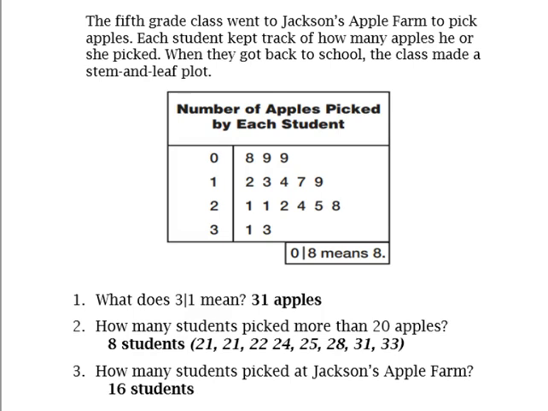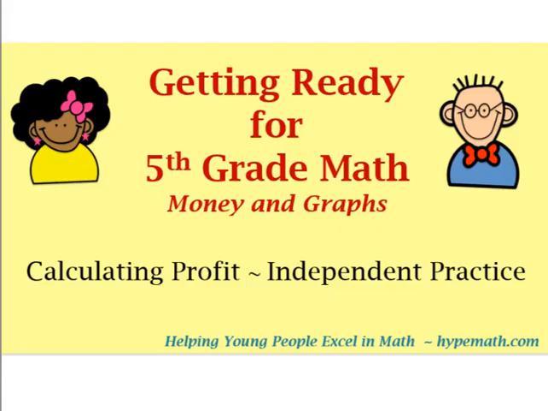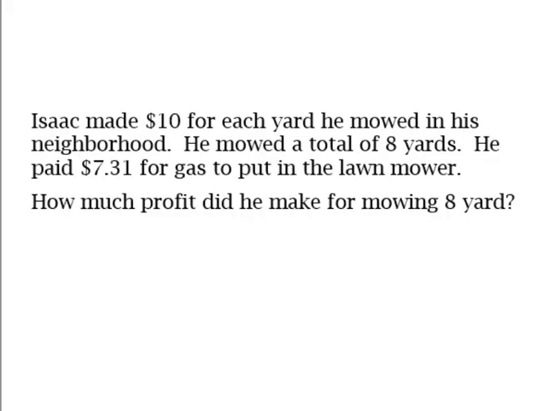Now we will move to the independent practice for calculating profit. Our first question says, Isaac made $10 for each yard he mowed in his neighborhood. He mowed a total of 8 yards. Isaac is probably tired.